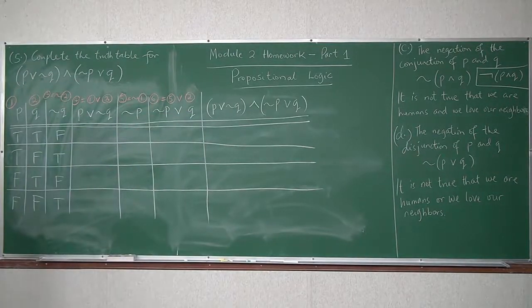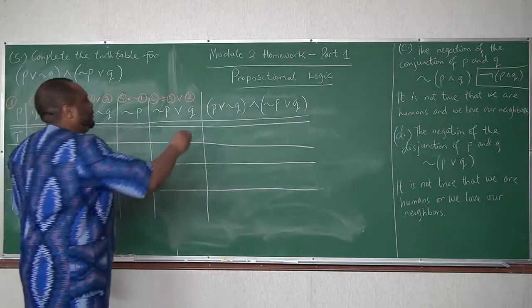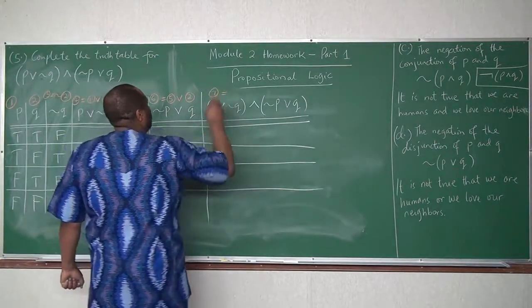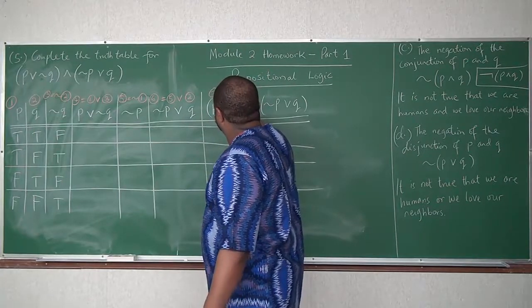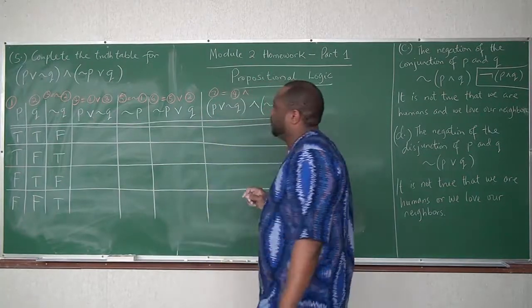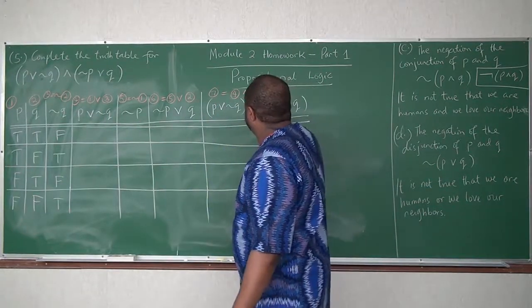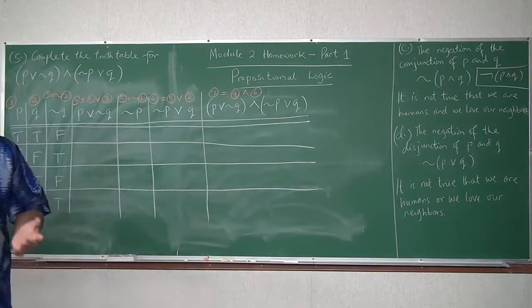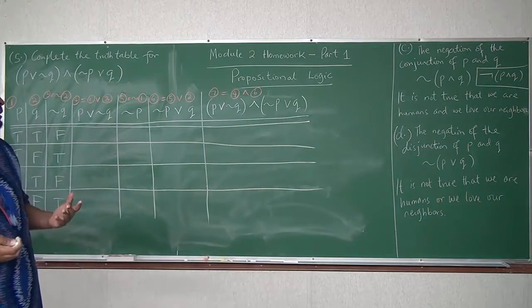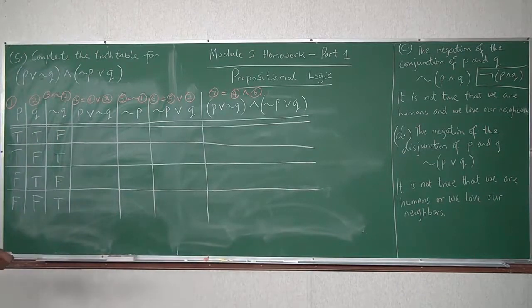Column 7 is column 4 and column 6. So you need these 7 columns to get full credit. It's important. Your textbook might do it a different way, but it's still the same process.